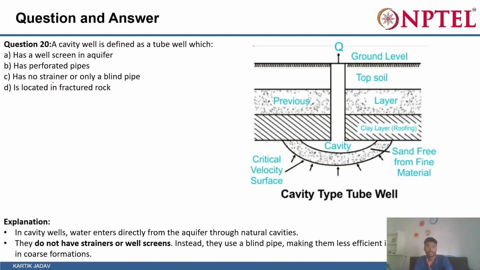Question number 20. A cavity well is defined as a tube well which has no screen, right? No strainer. Only part is a blind well, but it does not have a strainer or screen.